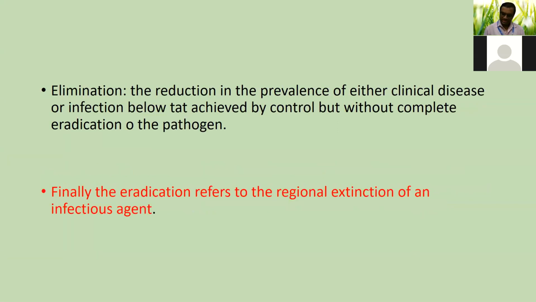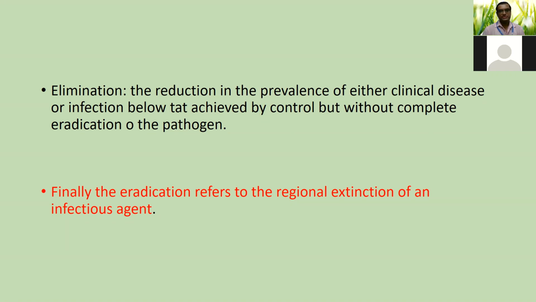Again, this involves a term called elimination of disease. As you see, eradication and elimination are more or less similar; they have some relative meaning. Elimination, we can say, is the reduction in the prevalence of clinical disease. This is important: it is the reduction in the clinical disease or infection below that which is achieved by control, but without complete eradication of the pathogen.